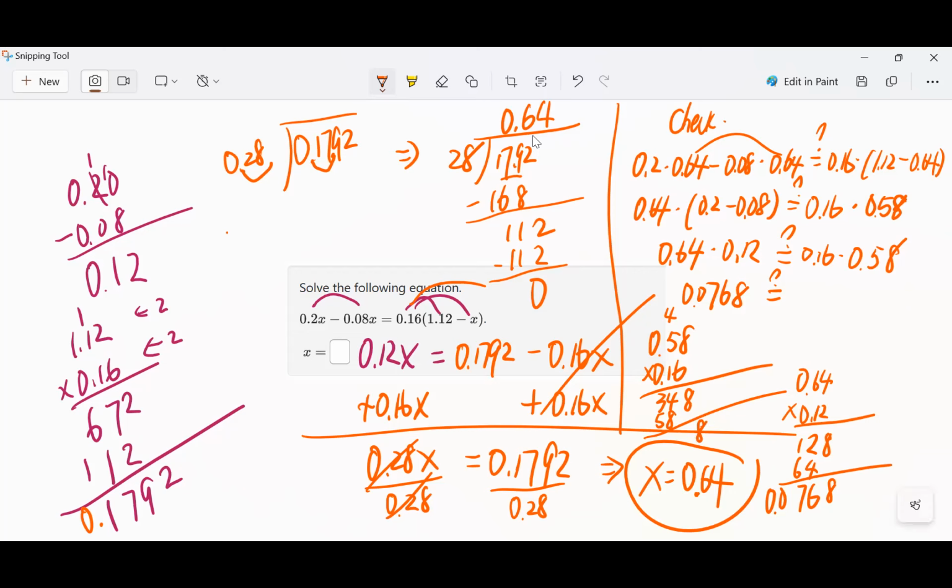So get 8, 12, carry 1 over. No, it's not the same. The result is not the same. Okay. We made a mistake somewhere.